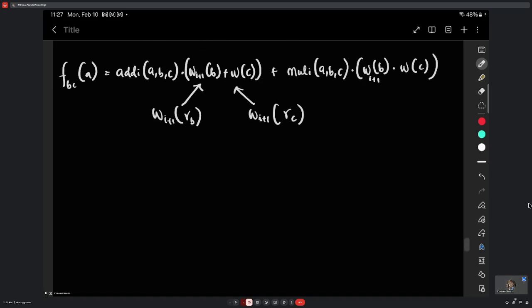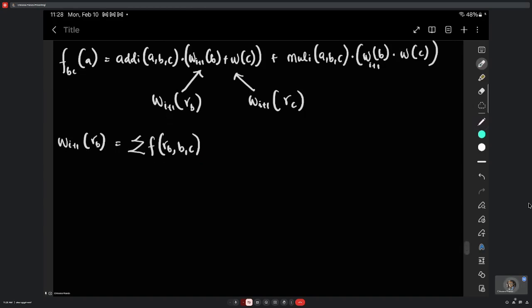So these are WI plus 1 evaluated at RB. What is the sum check equation, if we want to prove this, what is the sum check equation we need to prove? The summation of f of RB, B, C over the Boolean hypercube, right?